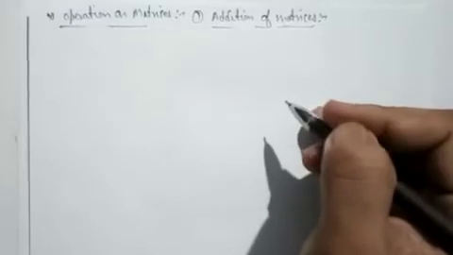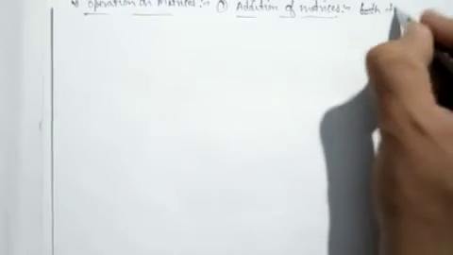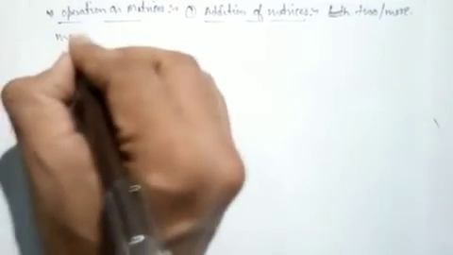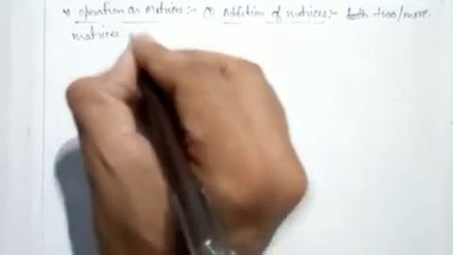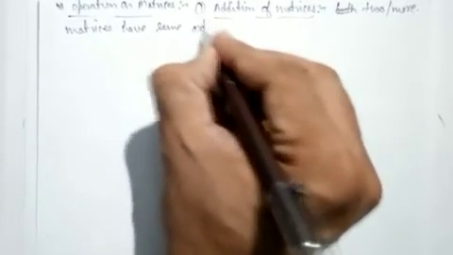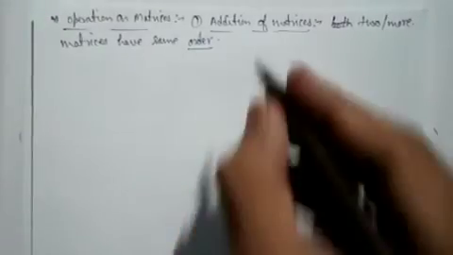If we would like to add two or more matrices, the first condition is that the matrices have the same order. If two matrices have the same order, then we can add the matrices.